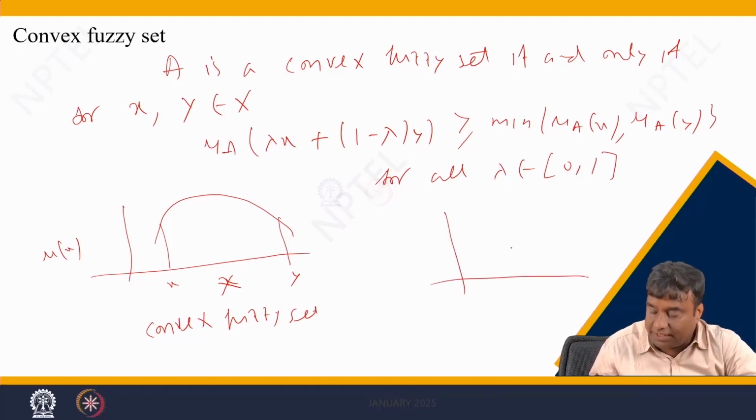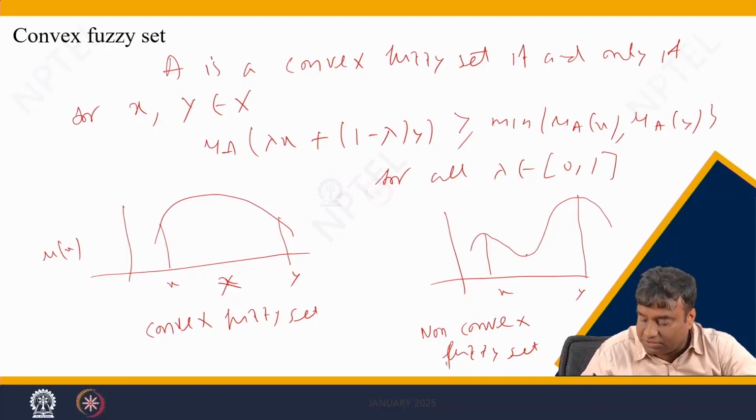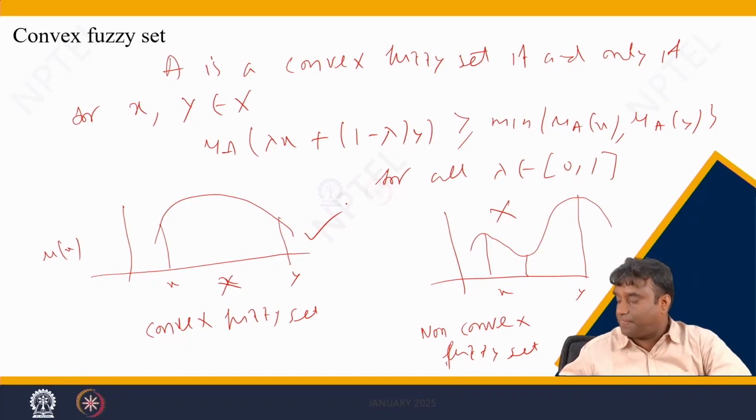Whereas if you take this example, suppose this is x, this is y, its membership value at this point is not greater than the minimum of these two. So this is a non-convex fuzzy set. This is not a convex fuzzy set. This is a convex fuzzy set.